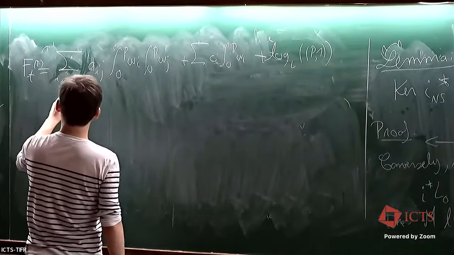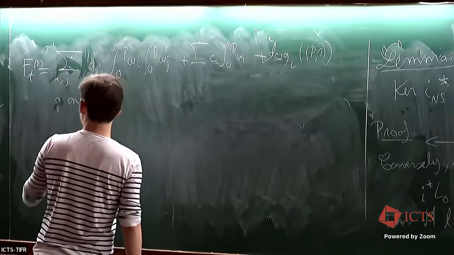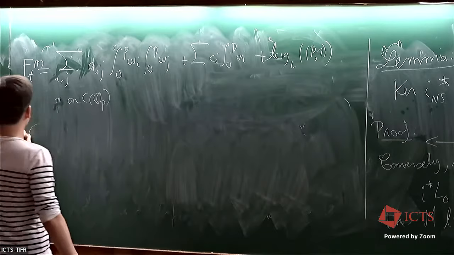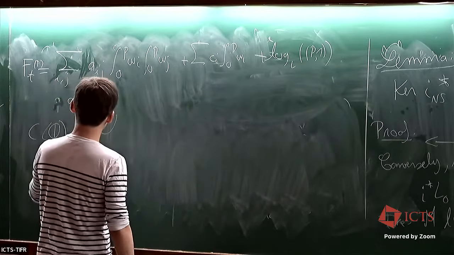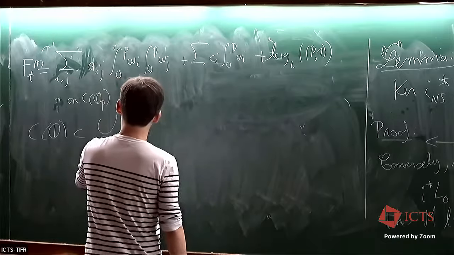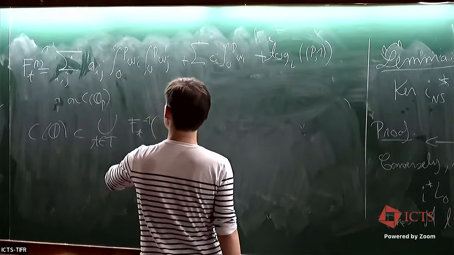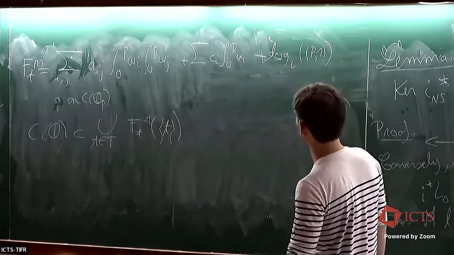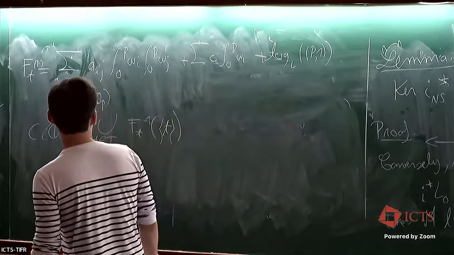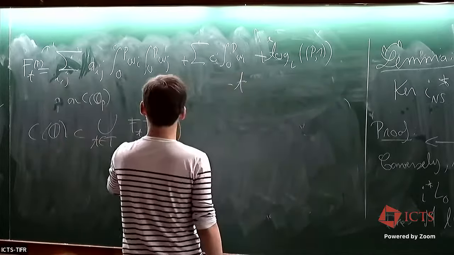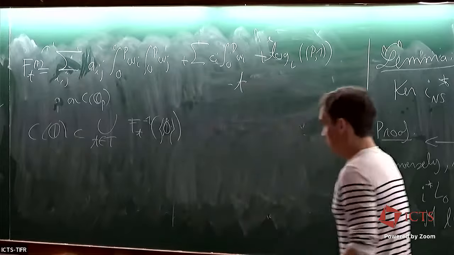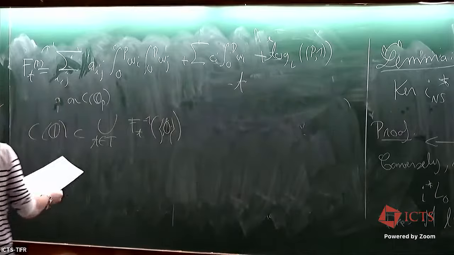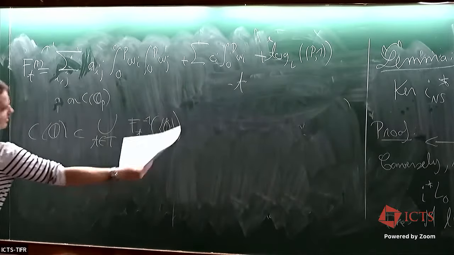This is on C of QP, well defined. Now we have to solve for this equal to T. So C of Q is included in the union, over T inside T, of Ft minus T inverse of 0. So I've isolated rational points inside these zero sets.